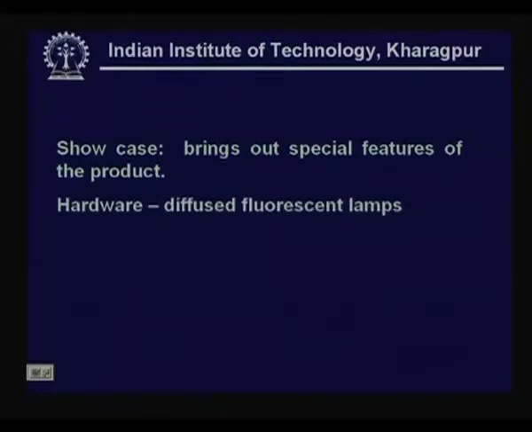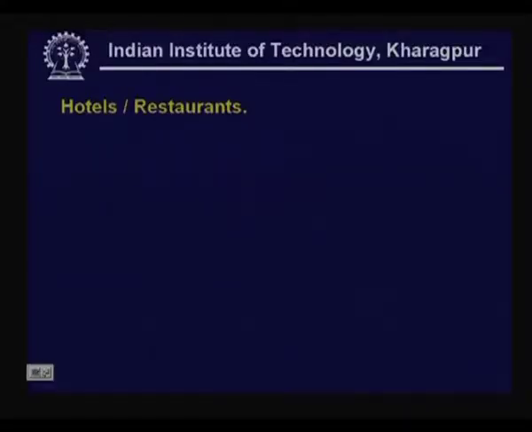The showcase, as already said, brings out special features of the product, and therefore diffused fluorescent lamps are used. If you have a hardware store, you use diffused fluorescent lamps. Jewelry is one place where in a showcase you would always use incandescent lamps to take advantage of their continuous spectrum and ability to give good color rendering. So that's about the shopping areas.